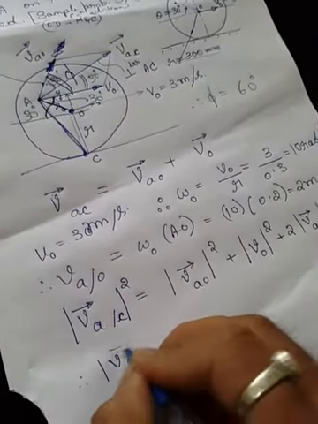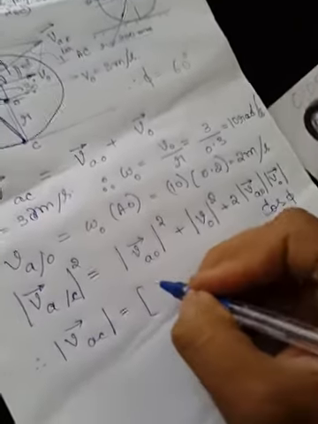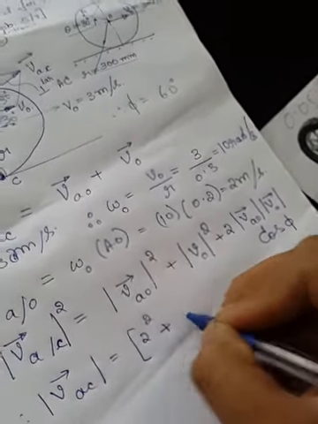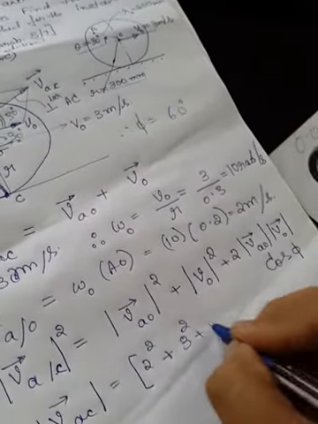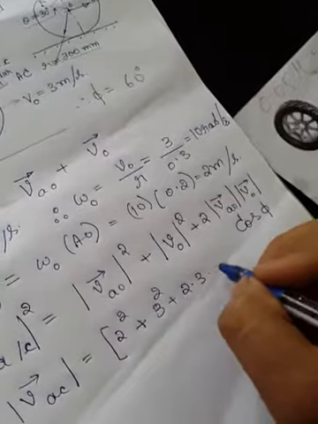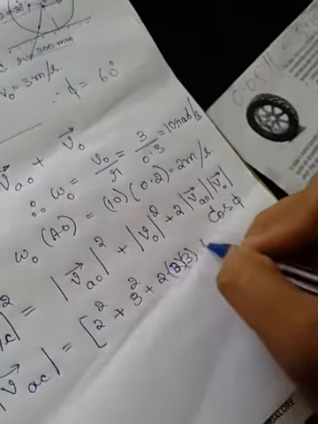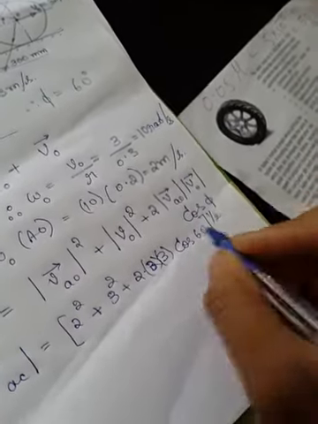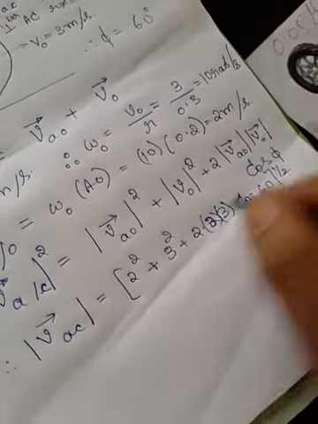Therefore, the magnitude of VAC will be VAO squared, where VAO is 2, so 2 squared, plus 3 squared, plus 2 times 3 times 2 times cos 60 degrees, all to the power half, because I have taken the square here and taken the square root on the other side.